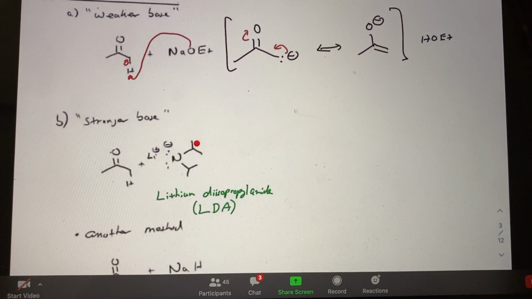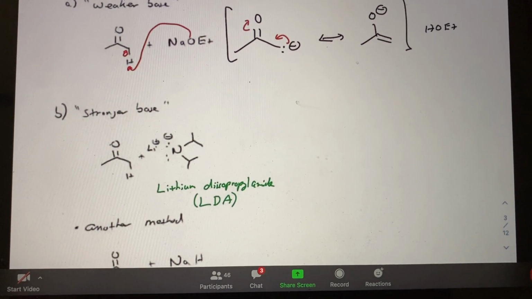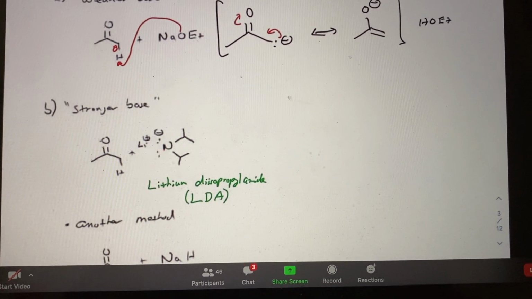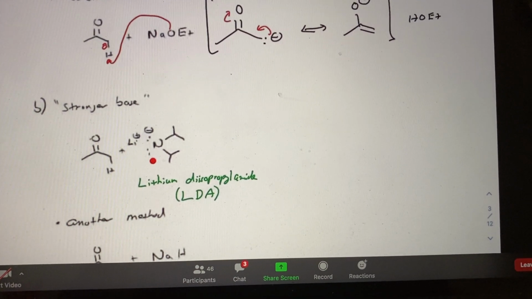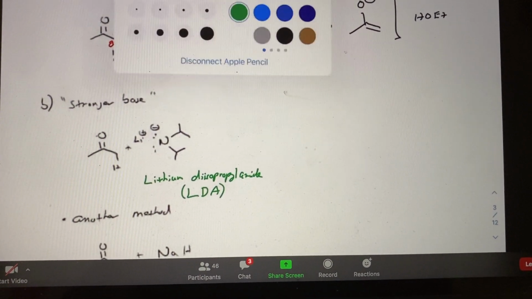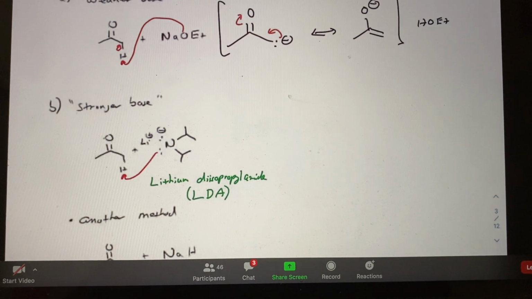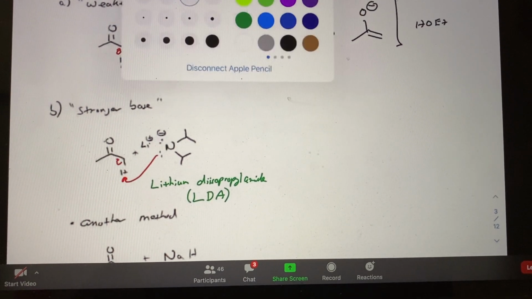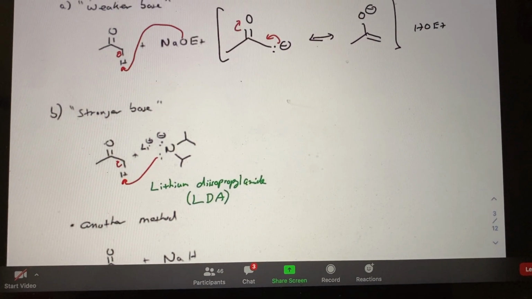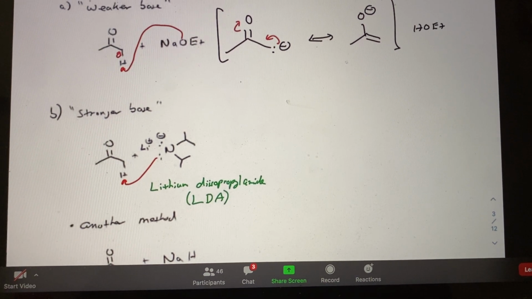It has these two bulky isopropyl groups basically surrounding the nitrogen, so it's okay for it to pull off a little proton, but it's preventing it from acting as a nucleophile. So LDA will do the same thing in this case. It's going to pull the proton off.